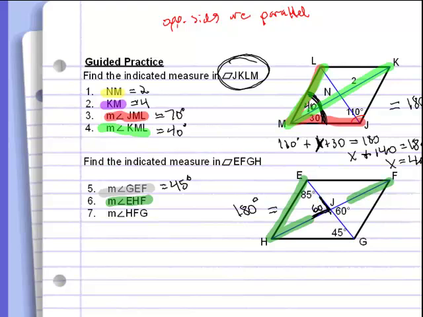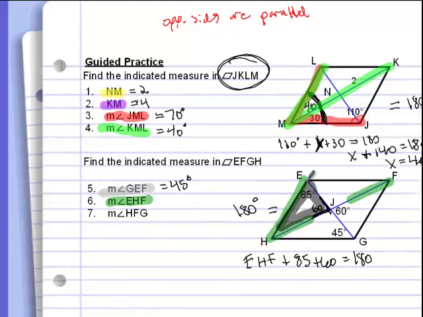Well, then you can see why I brought up the concept of triangles adding up to 180. Because we know that this angle is 85, this angle is 60, and we are actually looking for EHF anyway. So down here I'm going to write EHF plus the other two angles has to add up to 180. See where I got this?